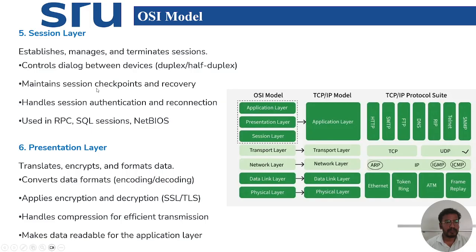Coming to the session layer, it establishes, manages, and terminates the sessions. In the session layer, it establishes a connection between one device and another to transmit the data, or else we cannot share the data from one node to another, or from client to server. Before sharing the data, we need to establish a connection, and manage the data, and terminate the session.